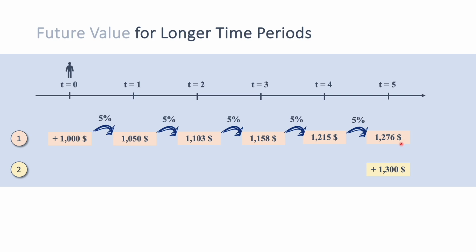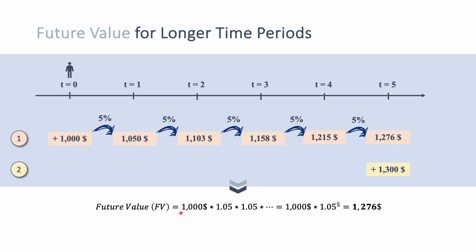How do we calculate that? We multiply our initial $1,000 by 1 plus the interest rate for the first year times 1 plus the interest rate for the second year and so on for each of the 5 years. That means we can also calculate 1,000 times 1.05 to the power of 5.